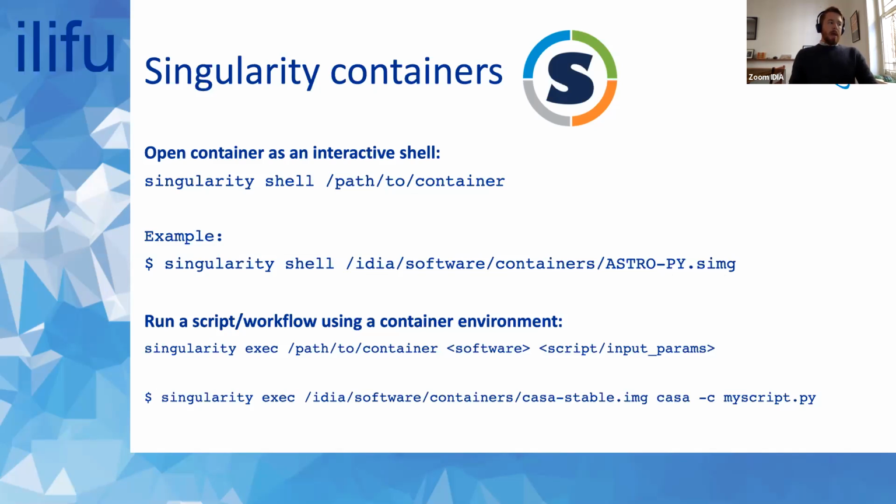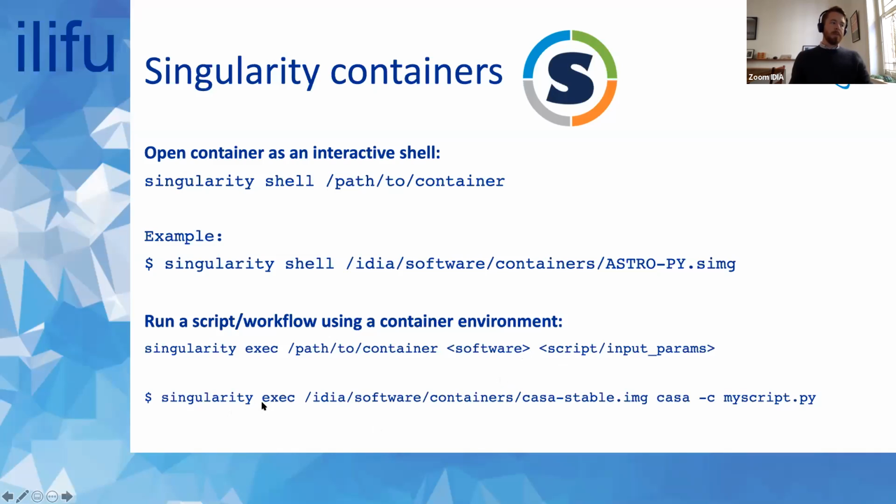And then the other way is to directly execute a script or software using the container. This is useful when you submit jobs to the SLURM cluster. Jordan will go into this further, but what you would do is you would call Singularity, you would use the exec command, you would point to the path to the container, you would select a particular software, and you would provide the input parameters or scripts to that software, and this would be the job that you would submit to the cluster.